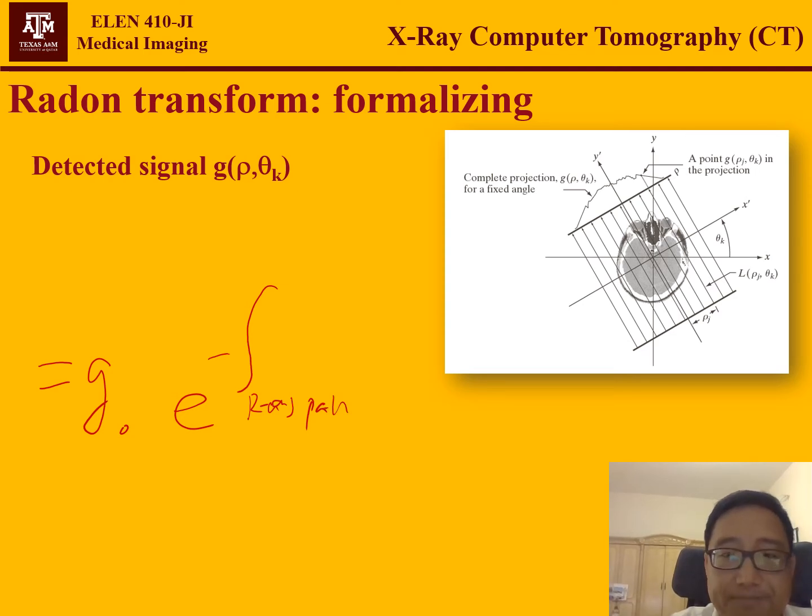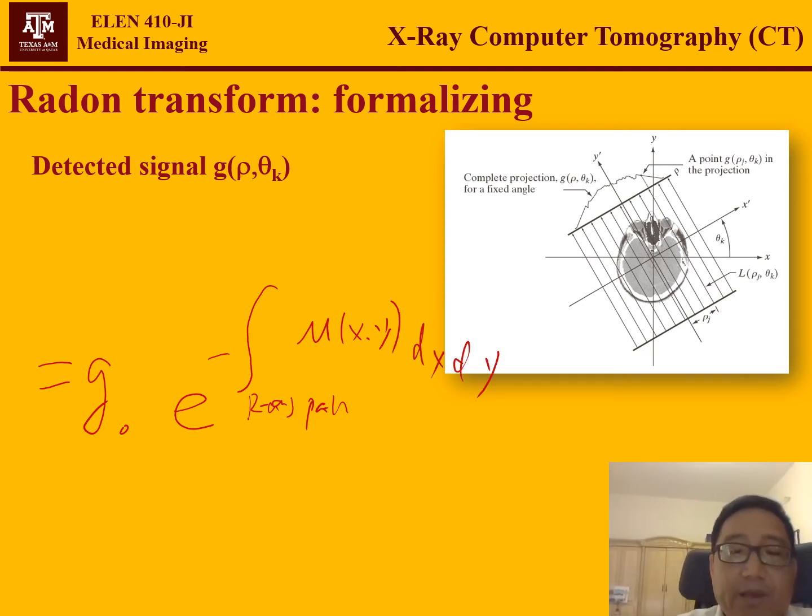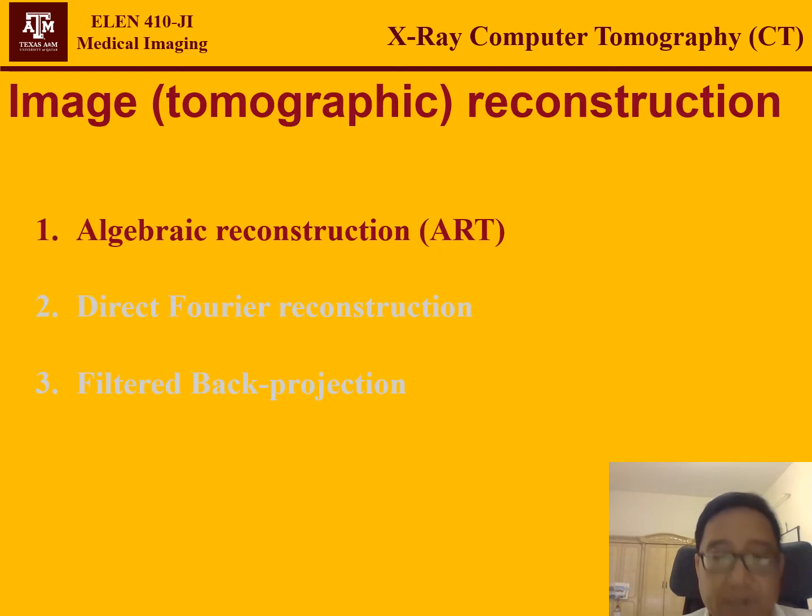I can write this as an integration with a delta function, but I'll stop here. As long as you have the intuitive understanding that the detected signal will be related to the ray path sum of the attenuation.